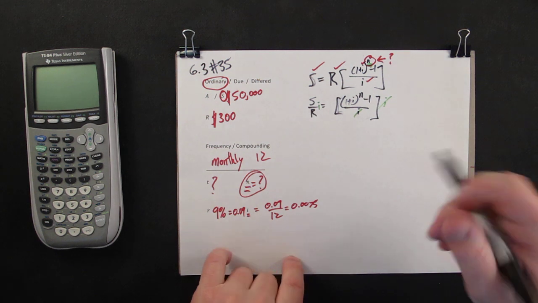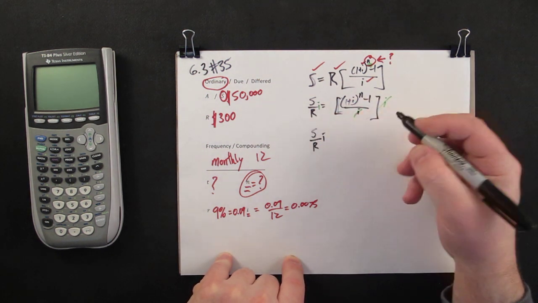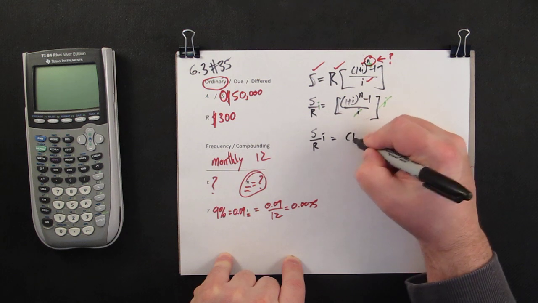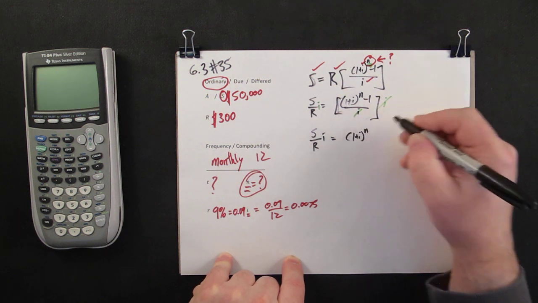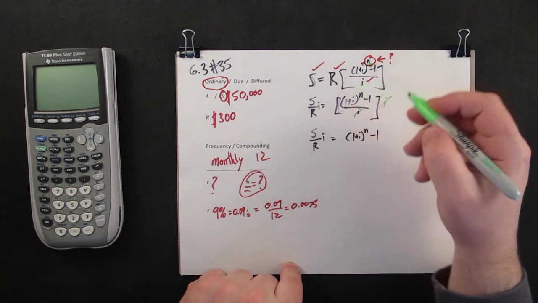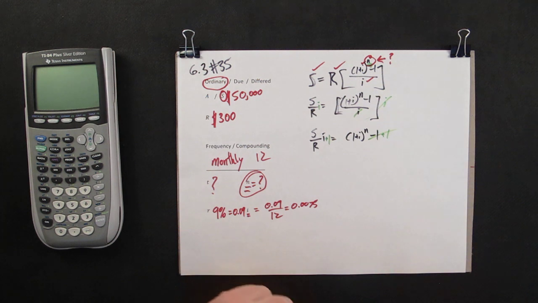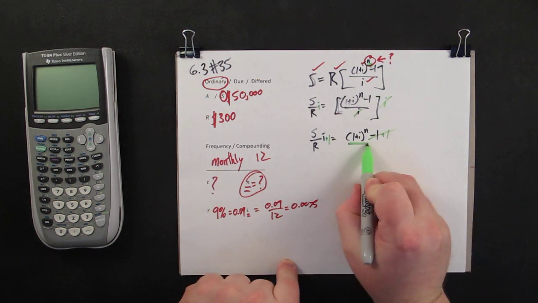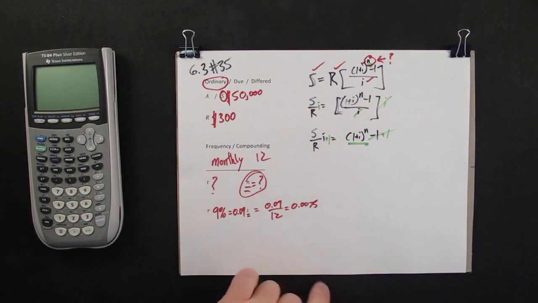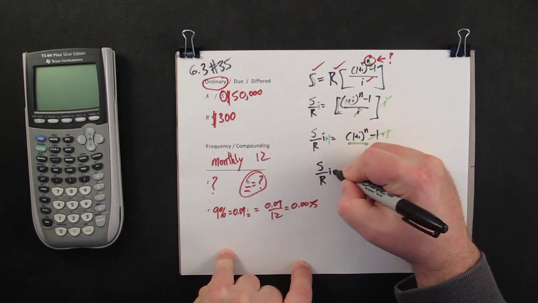And so now we're at this. And so add 1 to have those cancel. And now this term is by itself. So we are here.